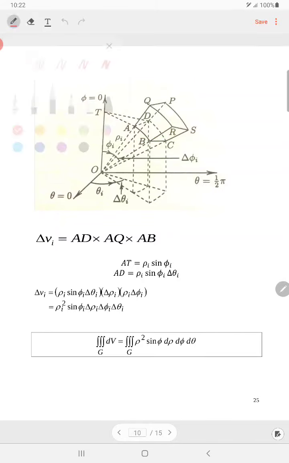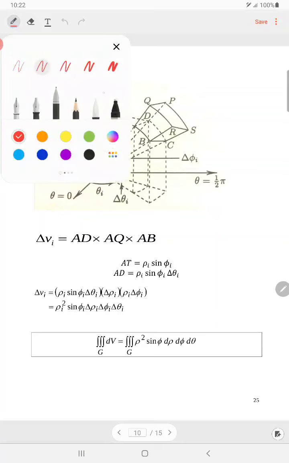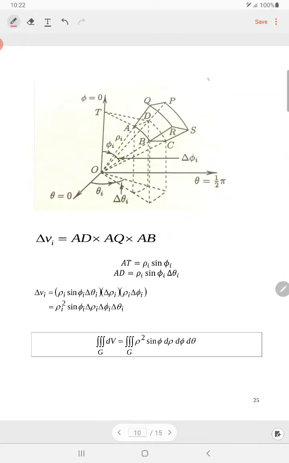Let me show you where the planes, the spheres and the cones are. Here we have ABCD, that would be an area on a smaller sphere, and PQRS is part of the larger sphere.